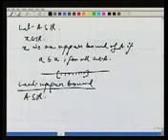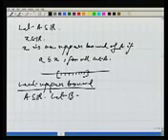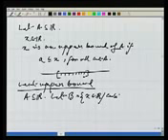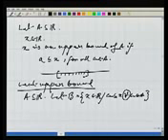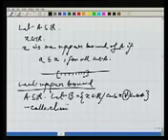Let A be a set again, and let B be the collection of all real numbers x in R such that a is less than or equal to x for all a in A. By this symbol, I mean for all. Then B is just the collection of all upper bounds.